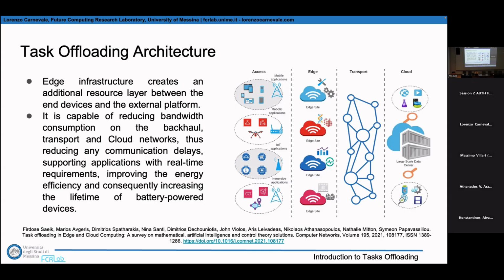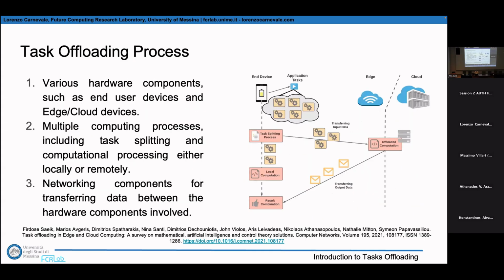IoT applications with drones are different from wearable devices or from glasses for virtual reality and so on. So in terms of hardware capacity, of course, we have different amounts of resources. We can have, of course, multiple computing processes. This means including also task splitting, okay?